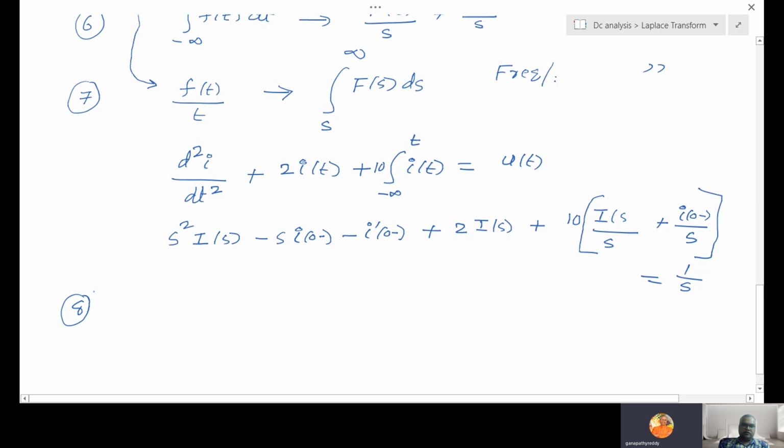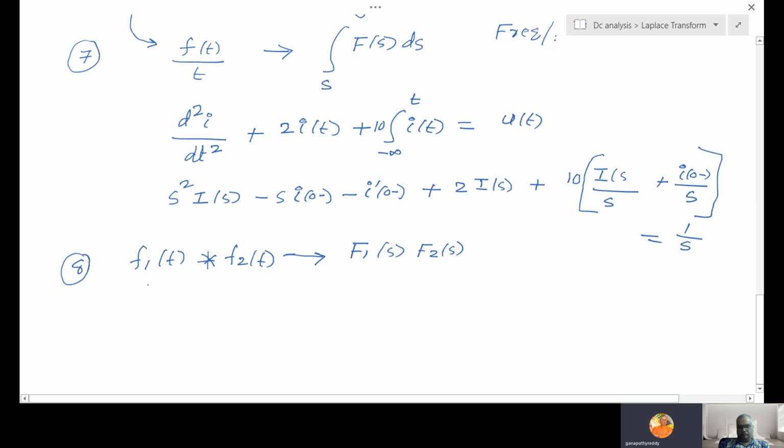Next, the eighth one. Time convolution. F1 of t star F2 of t, its Laplace transform is F1 of s times F2 of s. This is time convolution.